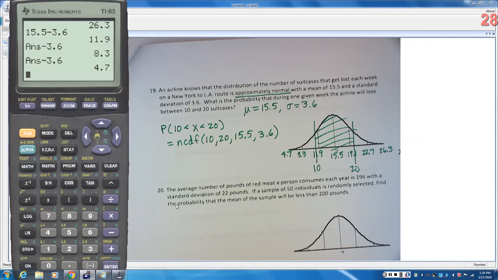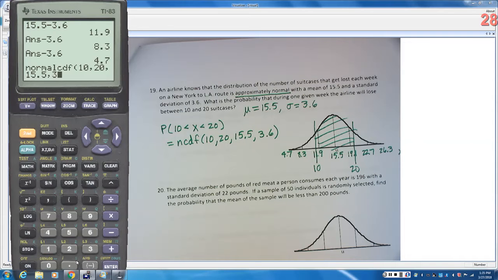Second distribution, normal CDF, 10, comma, 20, comma, 15.5, comma, 3.6. So I let you use a shortcut.